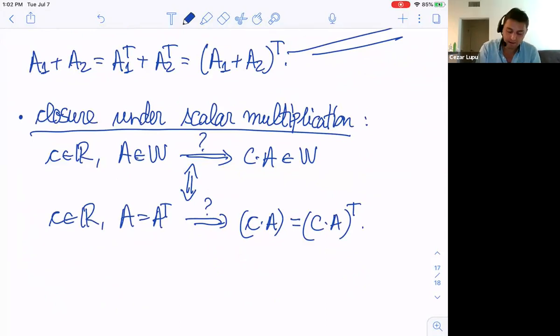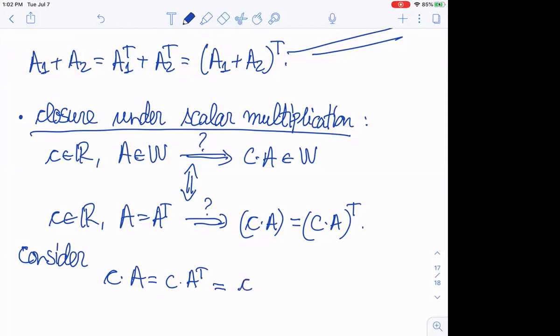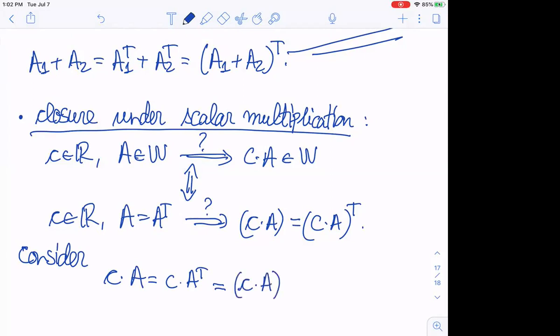If we consider C times A, this is the same as C times A transpose, since we know that A belongs to W, in other words, A is a symmetric matrix. By the properties of the transpose of a matrix, and under scalar multiplication, this is nothing else than C times A, everything transposed, which is exactly this.